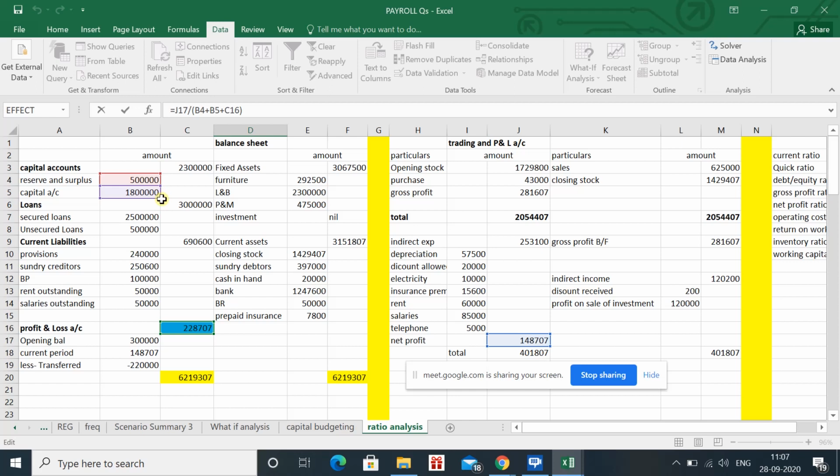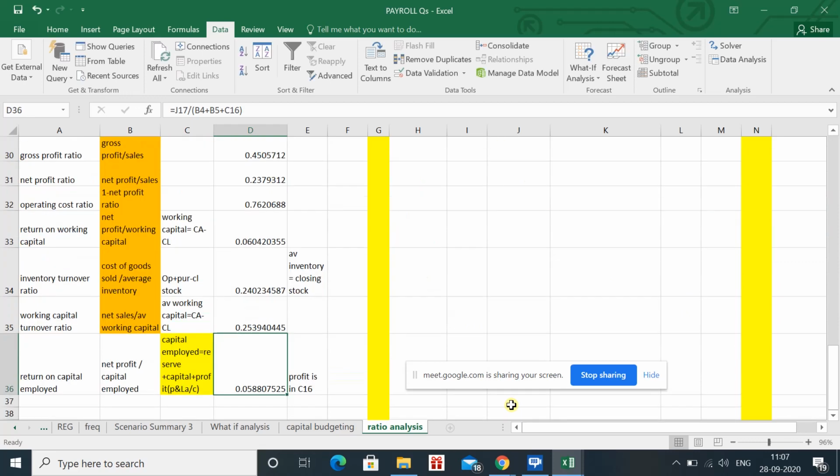Capital is given in B5 and C16 is the profit given in the balance sheet. We have added these three things to get the capital employed. So return on capital employed is net profit divided by reserve and surplus plus capital plus profit which we have in the balance sheet. So now we have covered all the ratios which we have to answer in this particular question, ratio analysis.